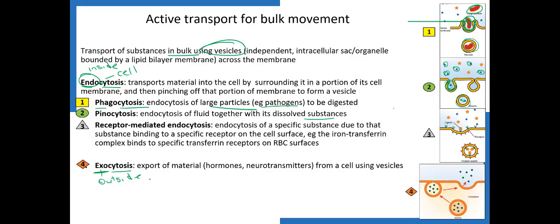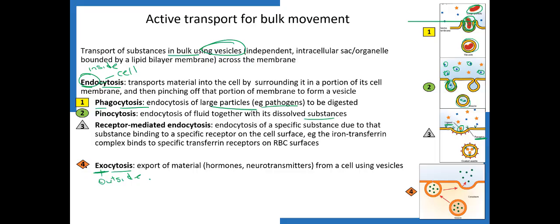The third type of endocytosis is specific transport of substances, and that's done through these receptors. So you see these receptors, they bind to the substances called ligands. And so what happens is that the receptor binds to a specific ligand that fits the receptor.